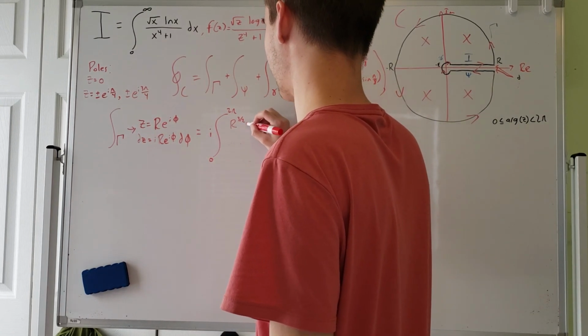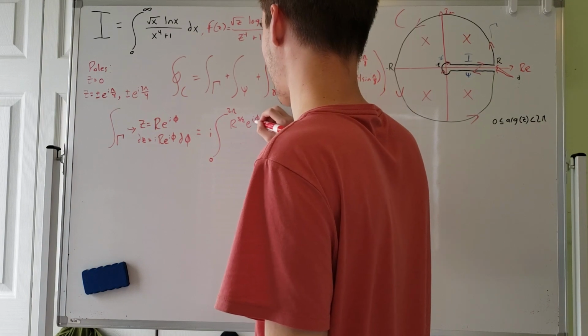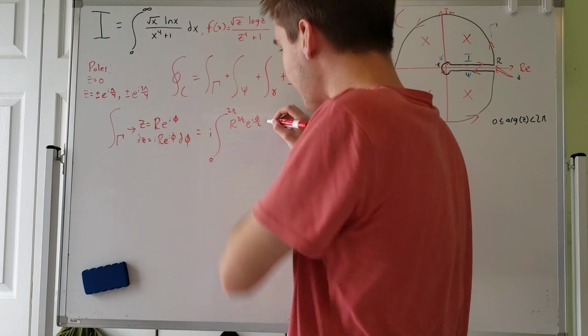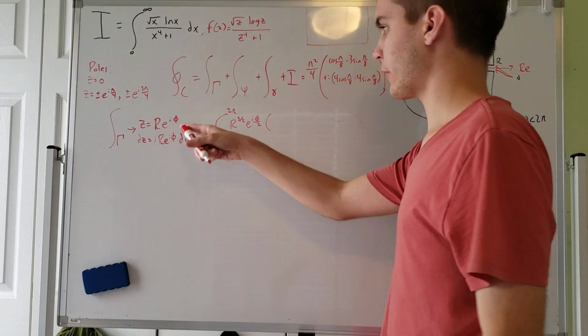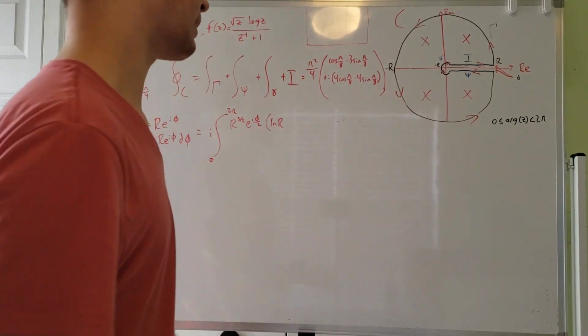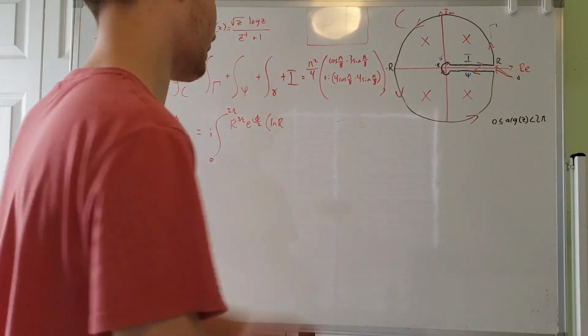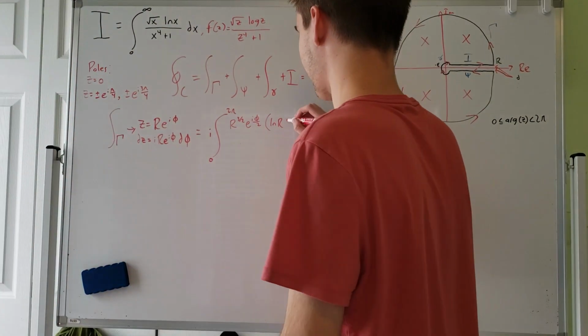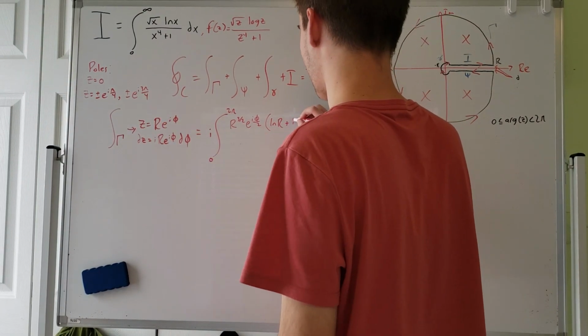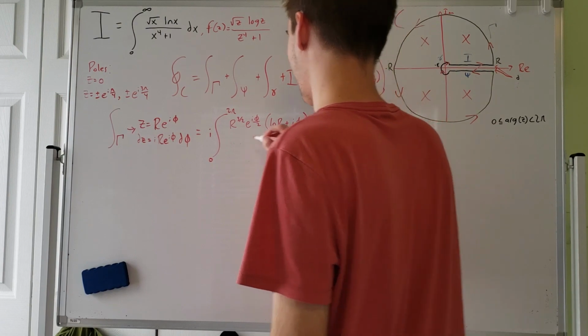And then we'll have e to the I phi by 2, because that also came from the square root, times, and now the logarithm can be split as just ln of r. We can do ln this time because r is just a real number, it's just the radius of the circle. And then plus the log of this, which is just going to be I phi.